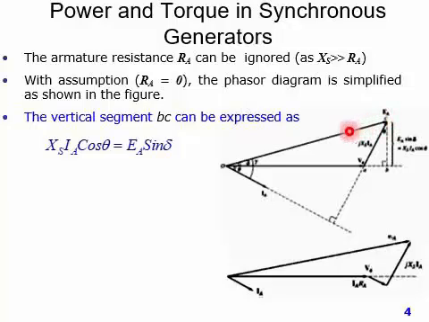Similarly, if we suppose another, bigger triangle, which is also a right angle triangle, and this side is equal to EA, then this vertical side would be EA sine delta if this angle is delta.